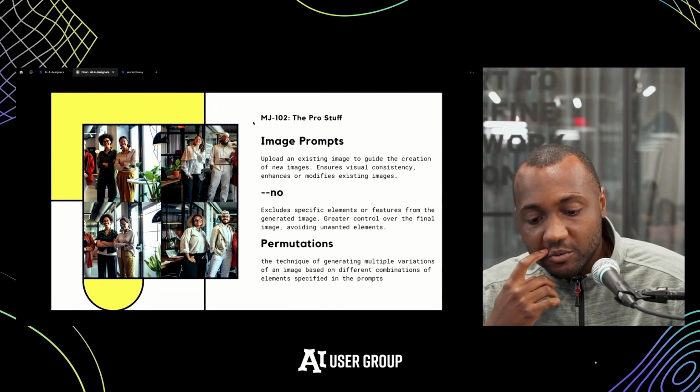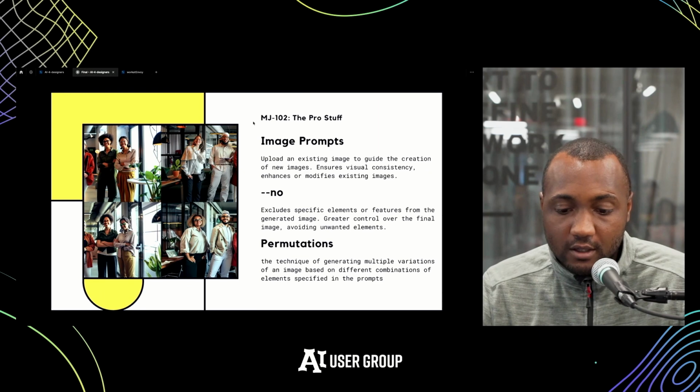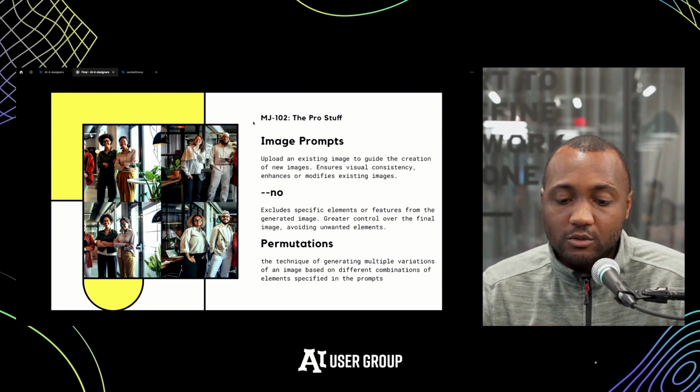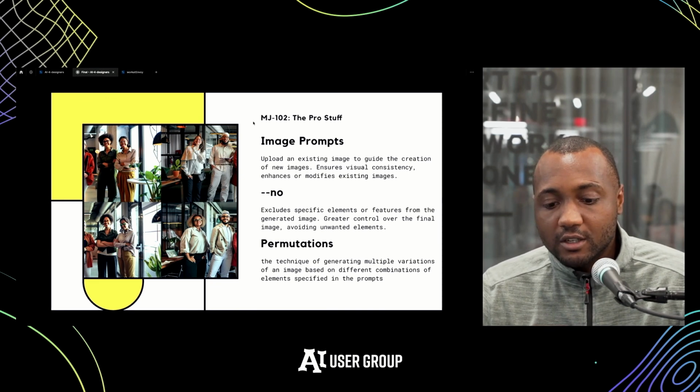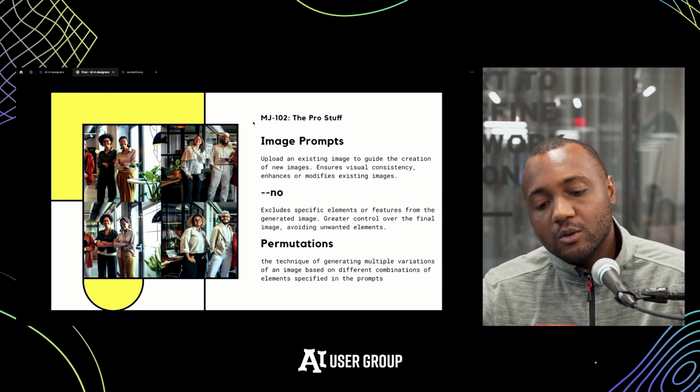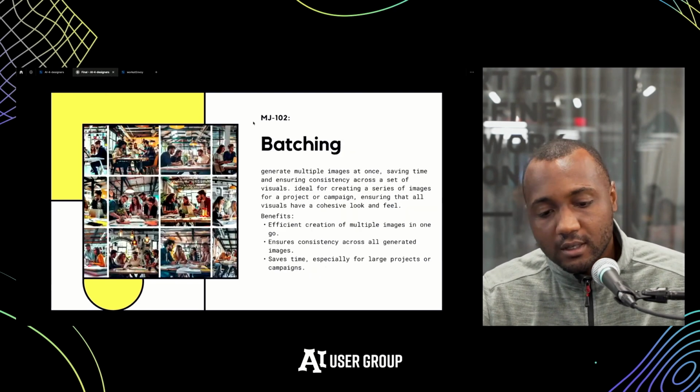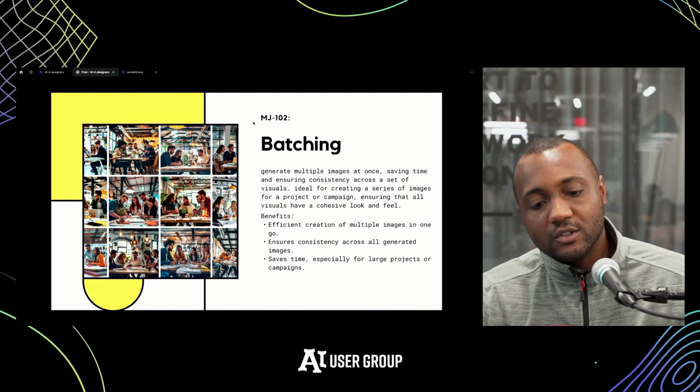This is probably the most advanced feature that I'm going to cover today, but it does allow you to create variations of the image that you're going to generate in a single prompt, which leads us to batching.